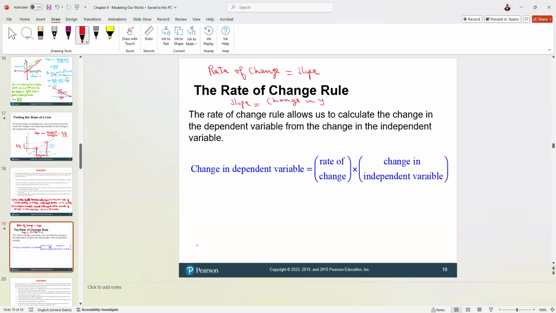I call it change in Y, because it's the dependent variable, over change in X. This line is terrible, right? Because we know slope equals the rate of change, I can write rate of change equals change in Y over change in X, the change in the independent variable.